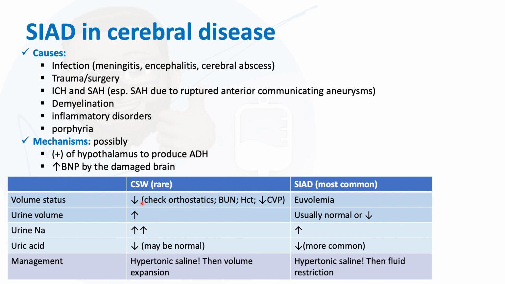And then with cerebral salt wasting, you need to re-expand the volume and give them fluid because they're hypovolemic. But in SIADH, when they are more stable, then you need to do the management of SIADH, which we're going to talk about in the next video, and do some fluid restriction in addition to the other measures that are useful for SIADH.